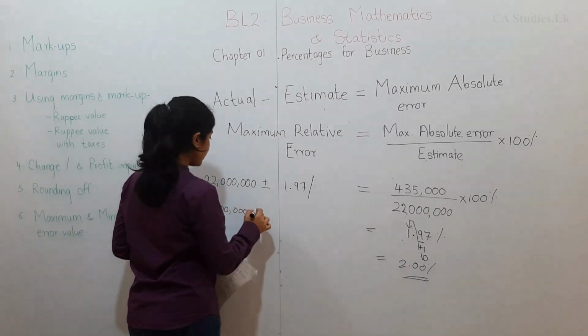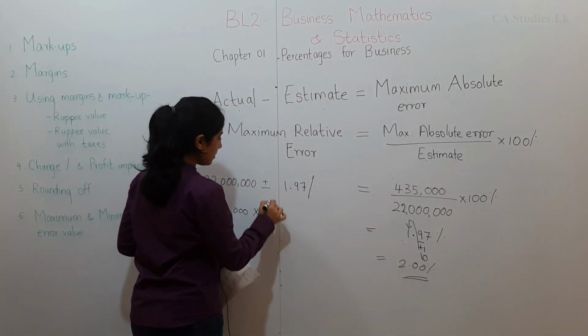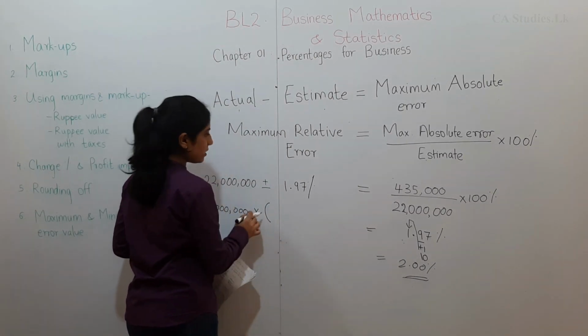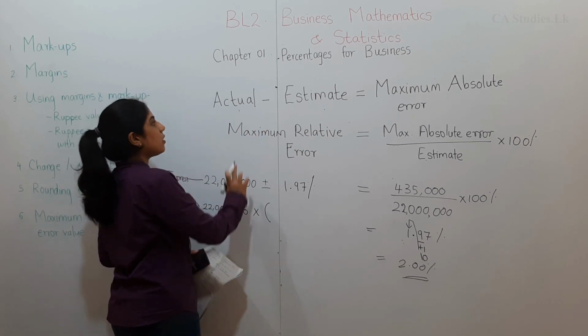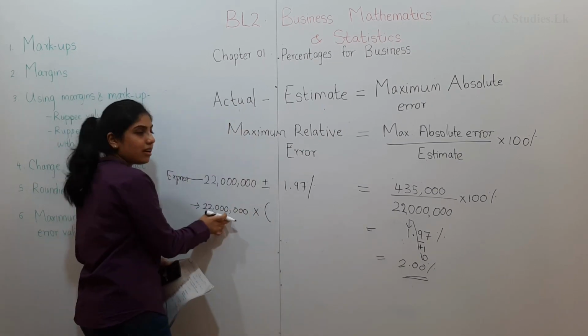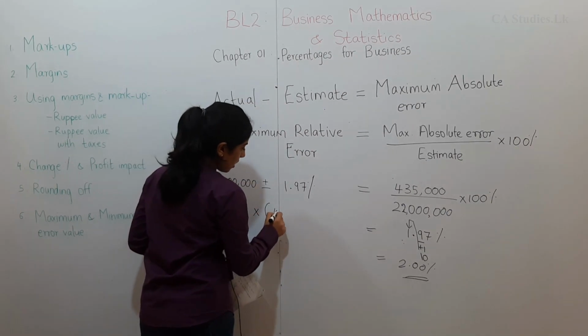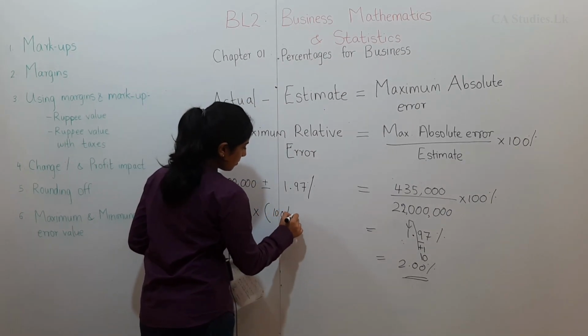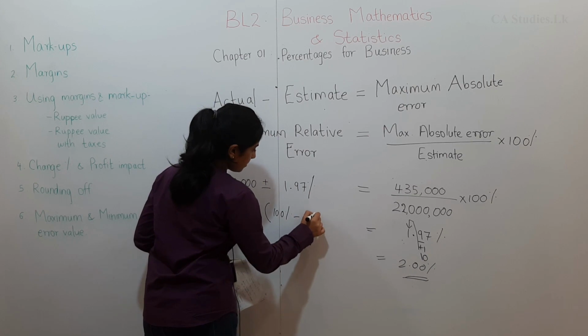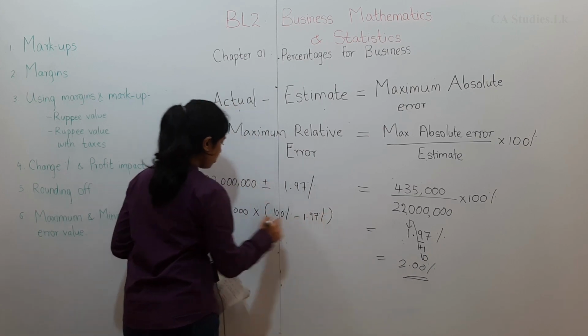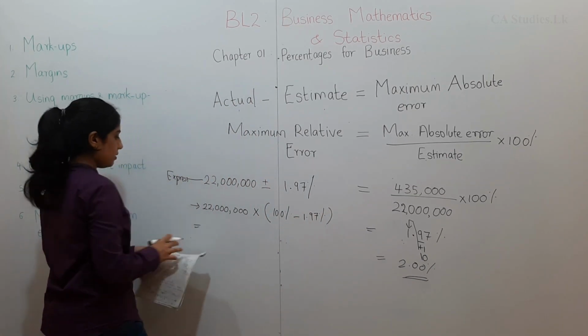So 22 million multiplied by, now I am going to take the minus because I know that the original value is less than our estimate. So 100% minus 1.97% should be equal to our original value.